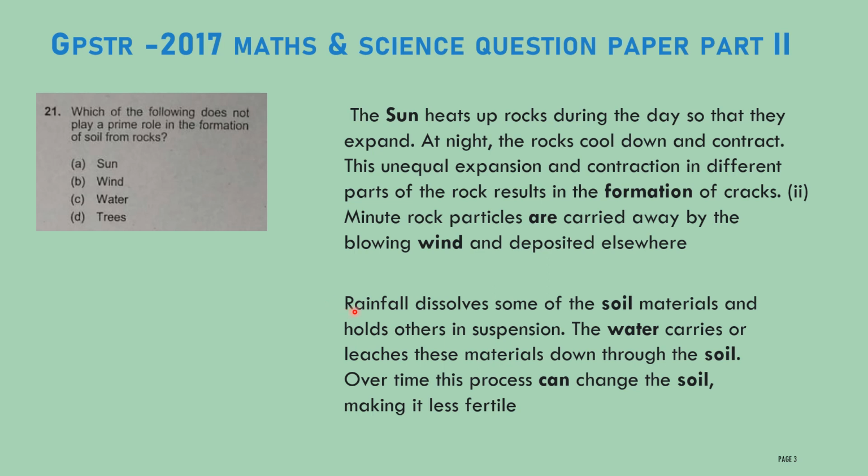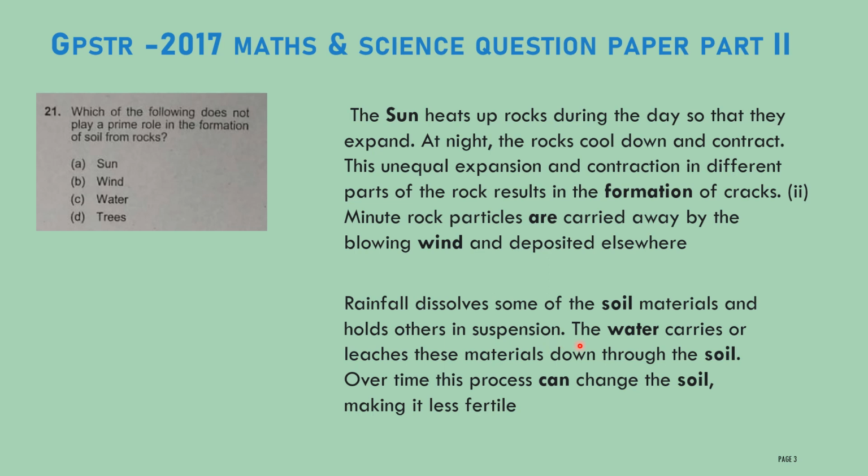Listen here. Rainfall dissolves some of the soil materials and holds others in suspension. In rainwater, some of the soil particles get dissolved and some remain suspended in the water, those which are light.